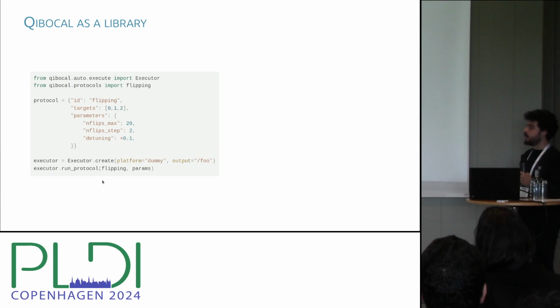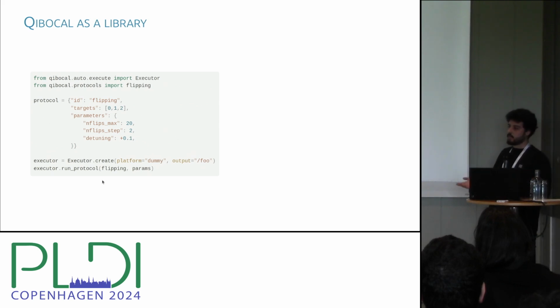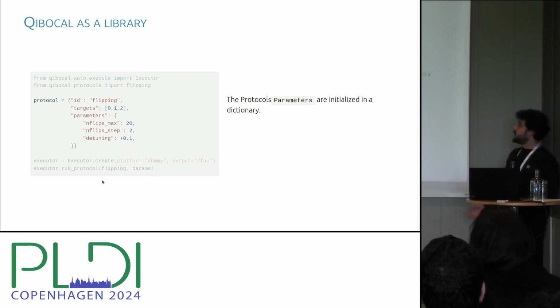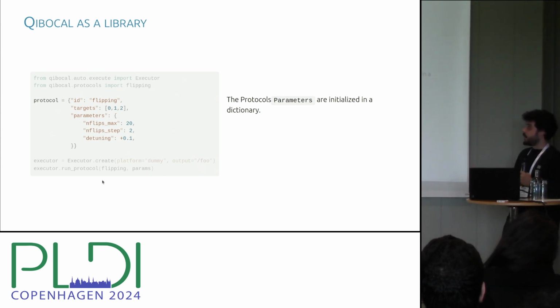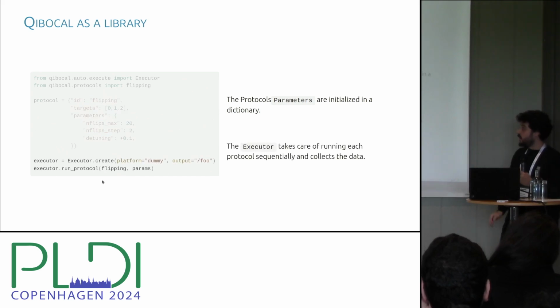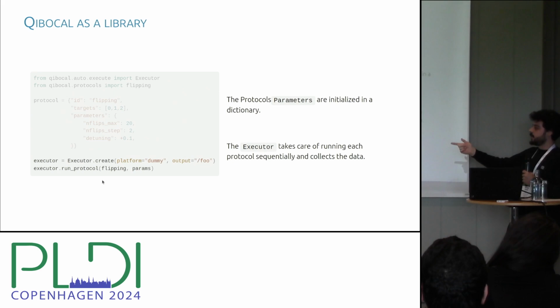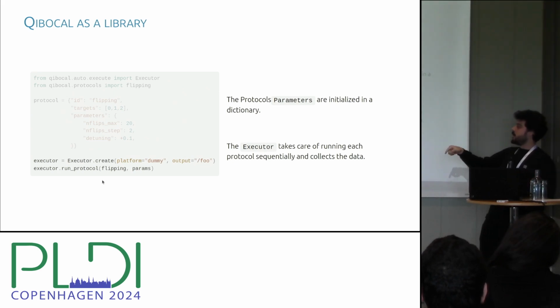This means that to calibrate a chip, we have to run a Python script. And here, what we have to do is define the set of parameters in a dictionary, define the executor, and then run, in this case, the flipping experiment, through the executor.